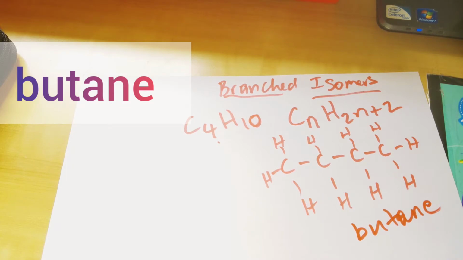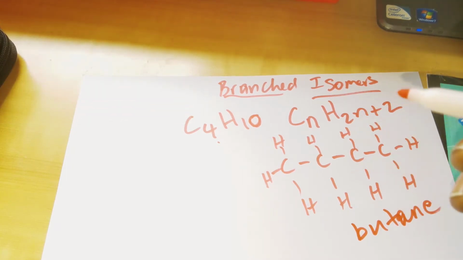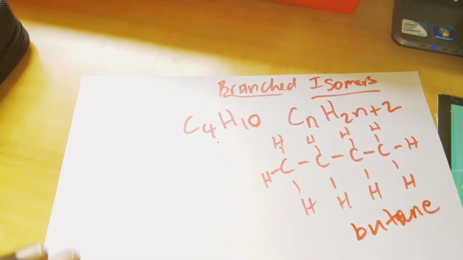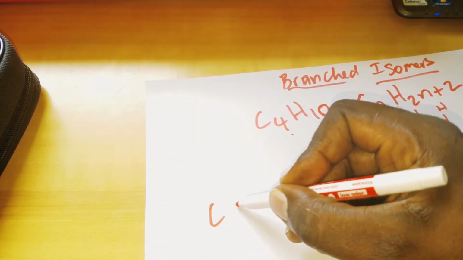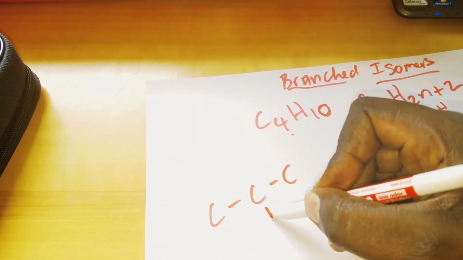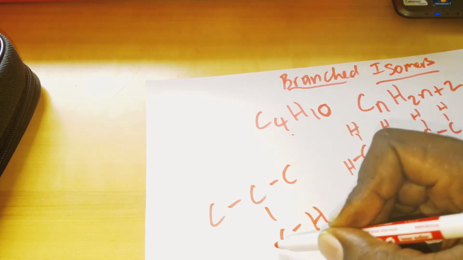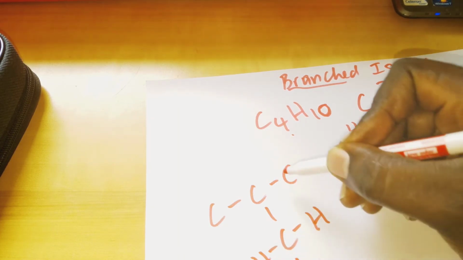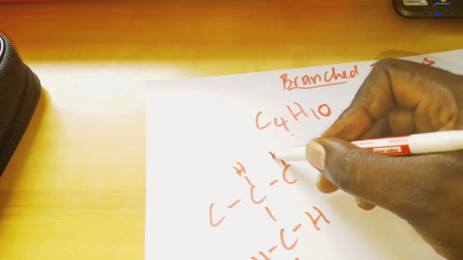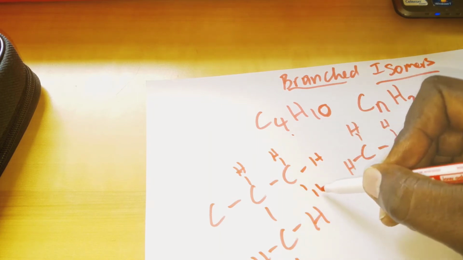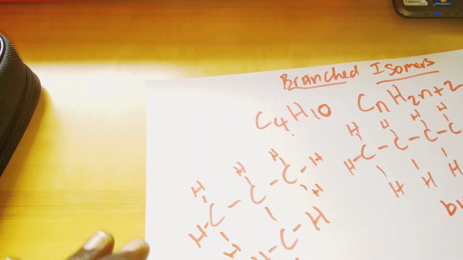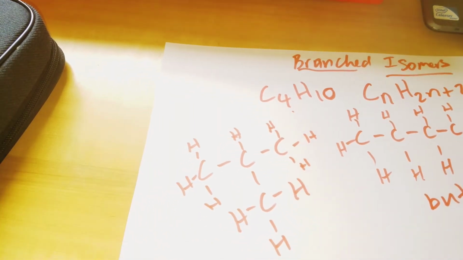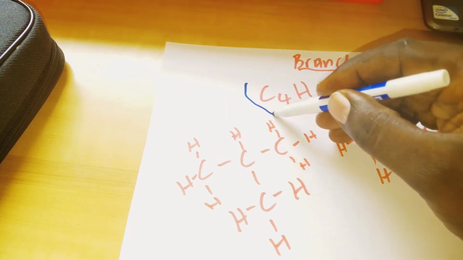Now, but then I could actually draw another structure. Yes, I'm now drawing another structure, and I'm going to check to see if this second species that I've drawn has the same formula. I'm just going to put a line of demarcation here.